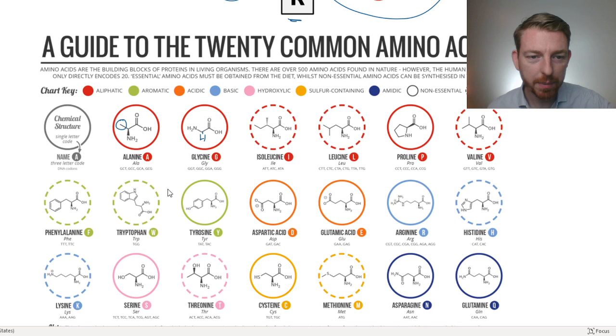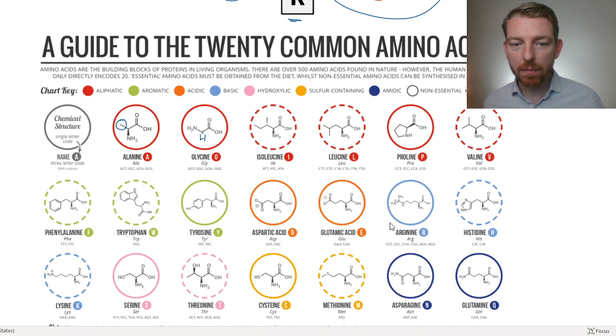What's really interesting about them, some of them will have, say, ring structures on them, so aromatic rings. Others are acidic. Some are more basic. Any ones that are sulfur containing, so really cysteine is the example there. When these connect between each other, we can get a disulfide bridge, which is a very strong bond between different parts of the protein.